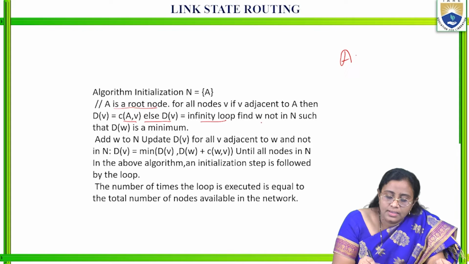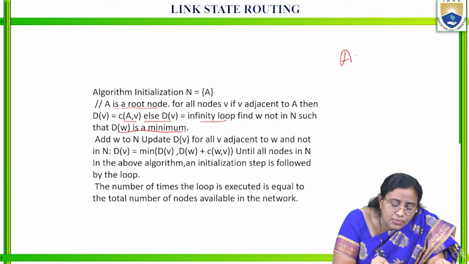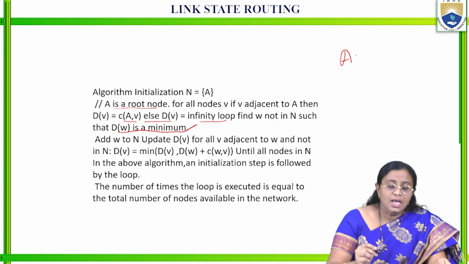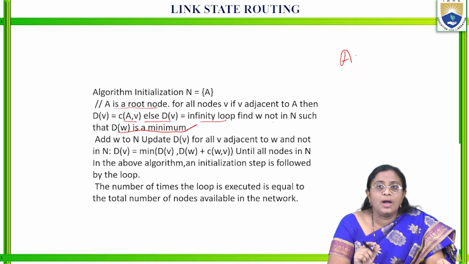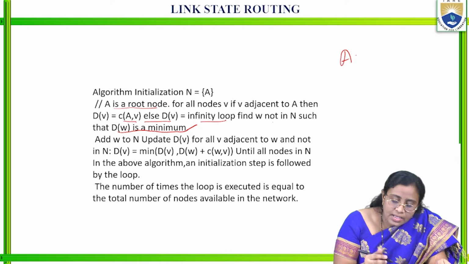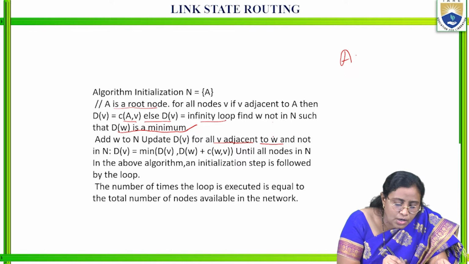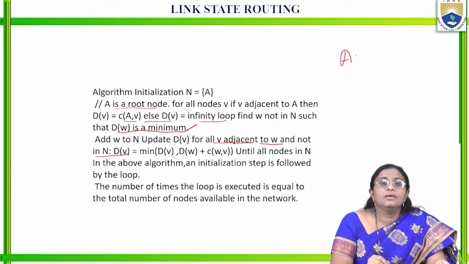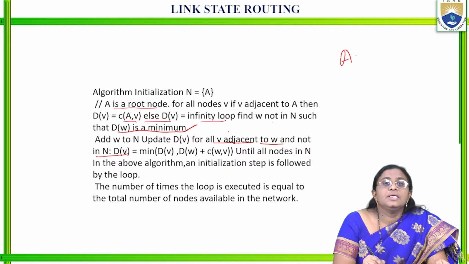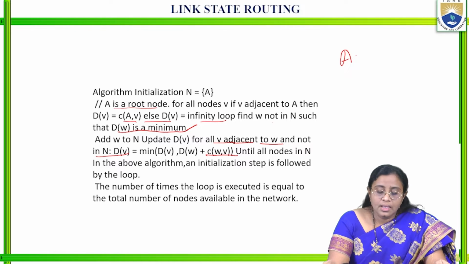Loop: find W not in N such that D of W is a minimum. Add W to N, the set of nodes of the updated network. Then for all V adjacent to W and not in N, D of V is equal to the minimum of D of V and D of W plus C of W V, until all nodes are in N.